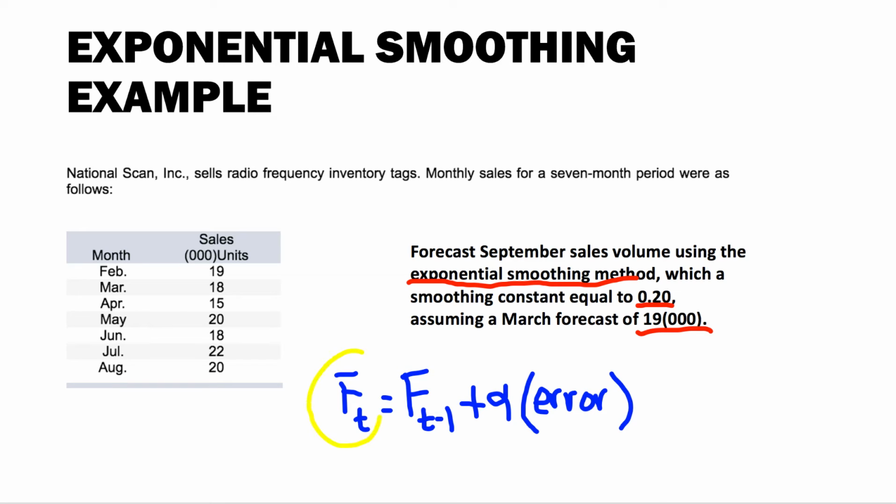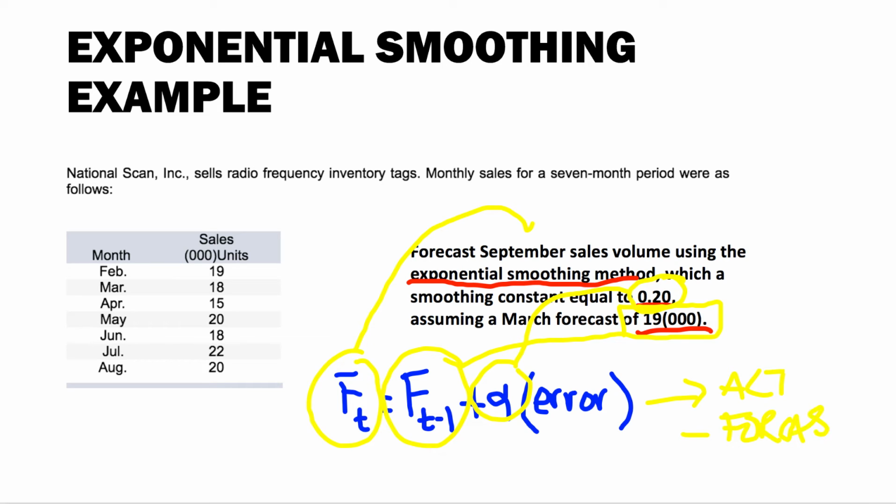In this case, F_t is what we're trying to forecast for in September. F_t-1 is given by the initial forecast for March. The alpha is given to be 0.20, and we know how to do the error, which is the actual minus the forecast. So let's see this in action.